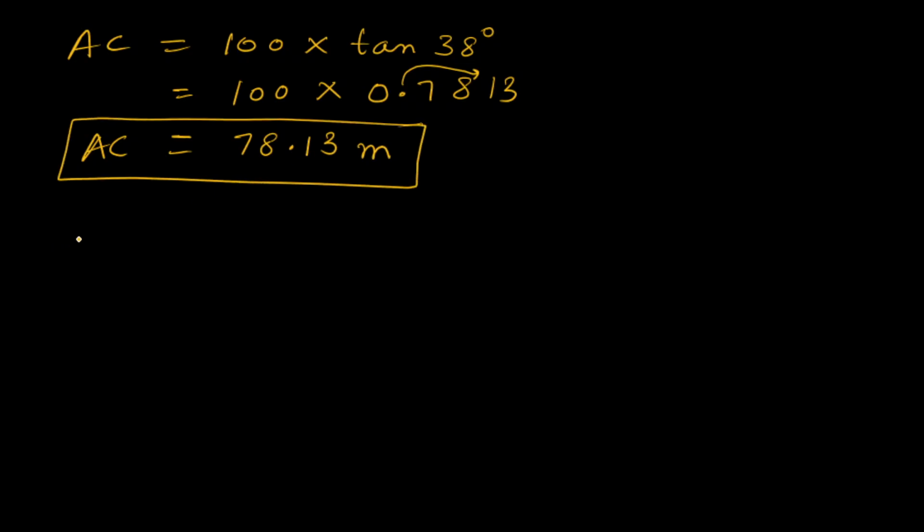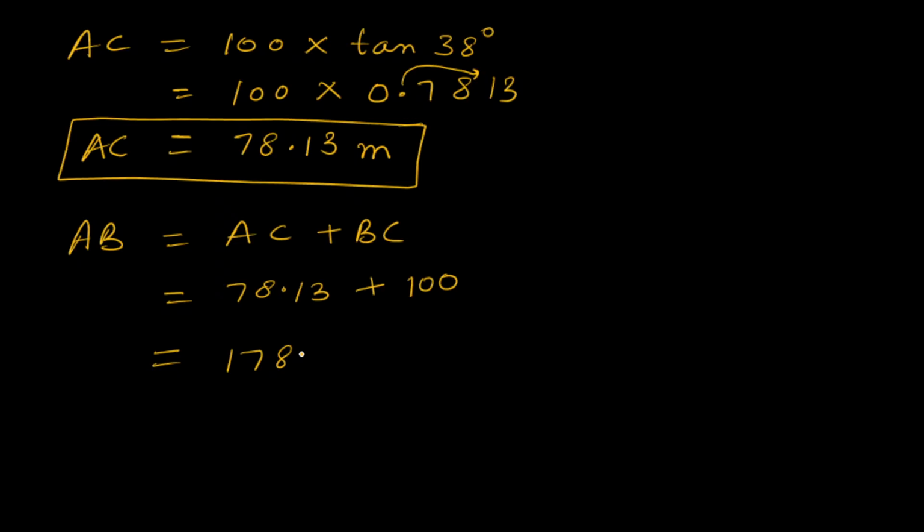Now we have to find AB. So what is AB? AB is equal to AC plus BC. So AC is 78.13, and BC we found as 100. So if we add, we get 178.13 meters.